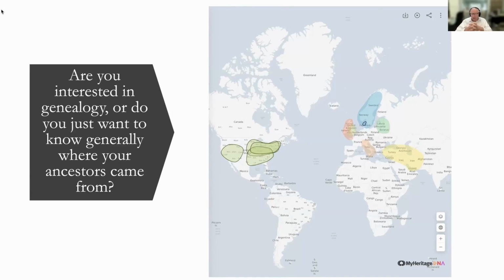But there are ways that I now know and understand how this could have happened and where these connections probably came from. But it comes from a lot of years of research, and I'll probably say that a number of times.